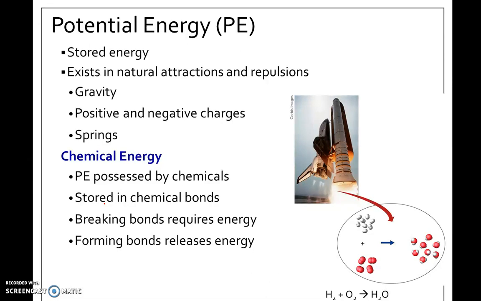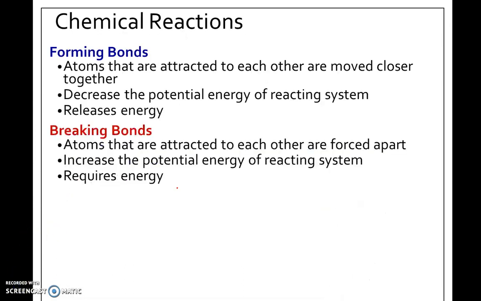Remember, negative energy means the lower the energy, the more stable it is. Positive energy means you have to put energy into the system, bringing in energy to break bonds. When you form bonds, that is energetically favorable and it releases energy.